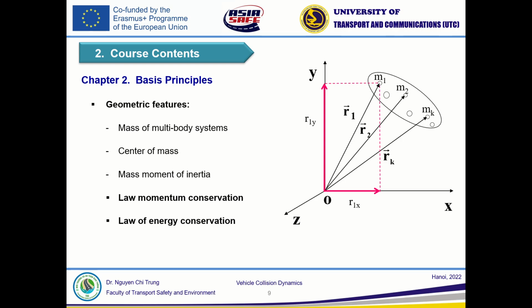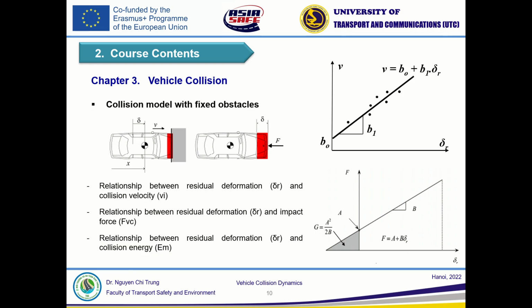Geometric feature: mass of multi-body system, center of mass, moment of inertia, law of momentum conservation, law of energy conservation. Chapter 3, vehicle collision. Collision model with fixed obstacle.